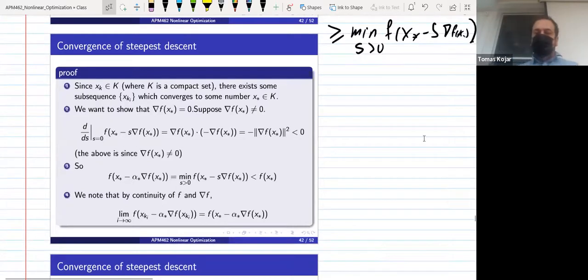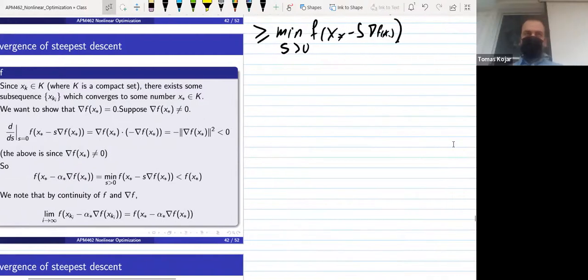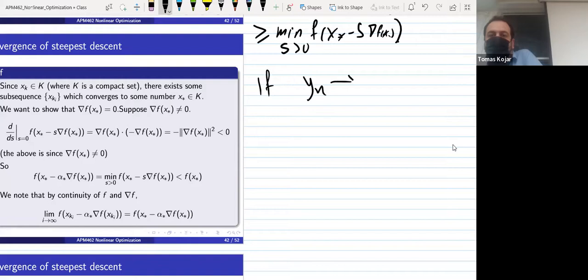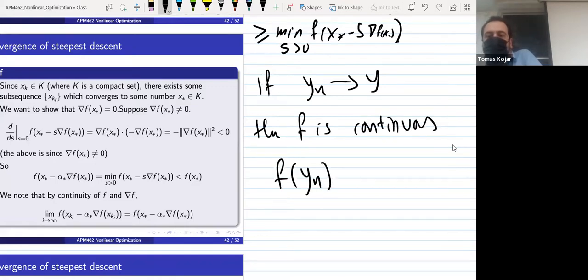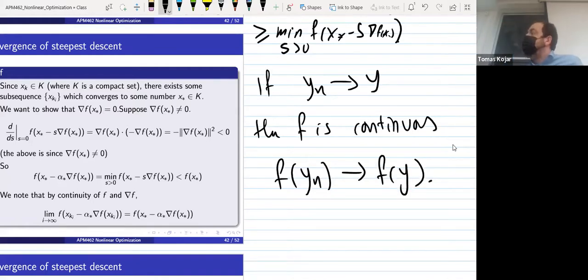The definition of continuity is as follows. So we're using the following: if yn goes to y, then f is continuous when f of yn goes to f of y. And by compactness, we had that the subsequence converges to x star, so we can swap limit and function.